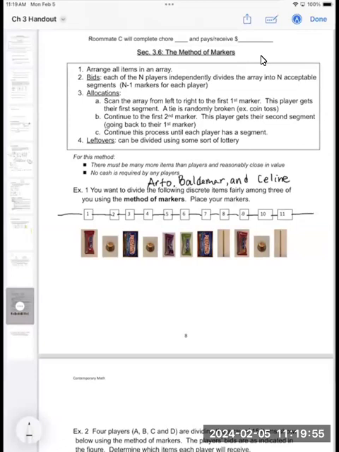What each person is going to do is place a marker where they would separate the candies into 3 pieces. Because there's 3 of them, they're going to separate this string into 3 equal, in their mind, equal shares.